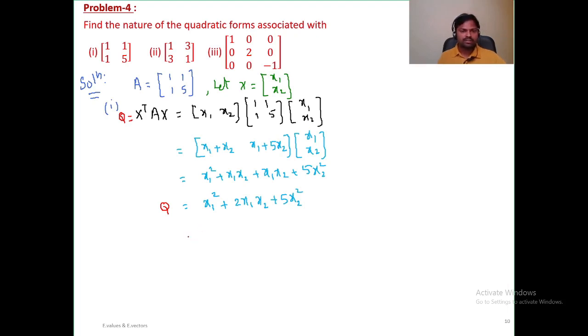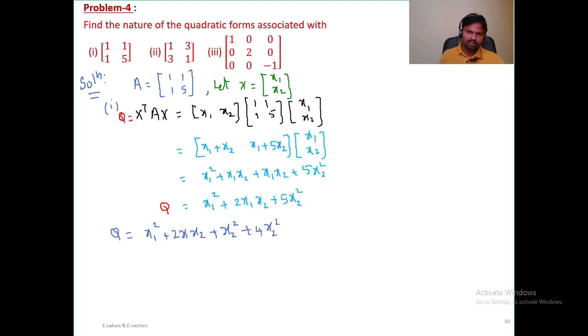So now look at this, a slight modification. Q is equal to x1 square plus 2 x1 x2, and since a square plus 2ab plus b square, I want x2 square so that I can write x1 plus x2 whole square. But 5 x2 square, here 1 x2 square is used and plus 4 x2 square remains. I am just adjusting the terms, nothing else.